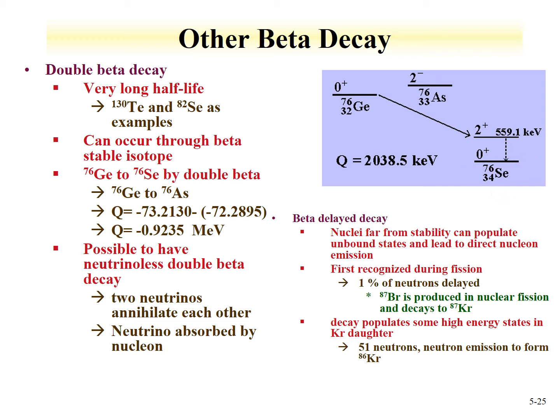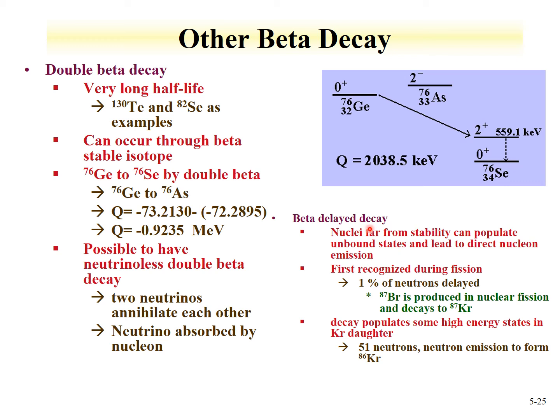Now these have very long half-lives, and it's also possible to have neutrino-less double beta decay, where either the neutrinos annihilate each other or they're absorbed by a nucleon. Now another branch of beta decay is a beta delayed decay. So nuclei far from stability can populate unbound states that lead to direct nucleon emission.